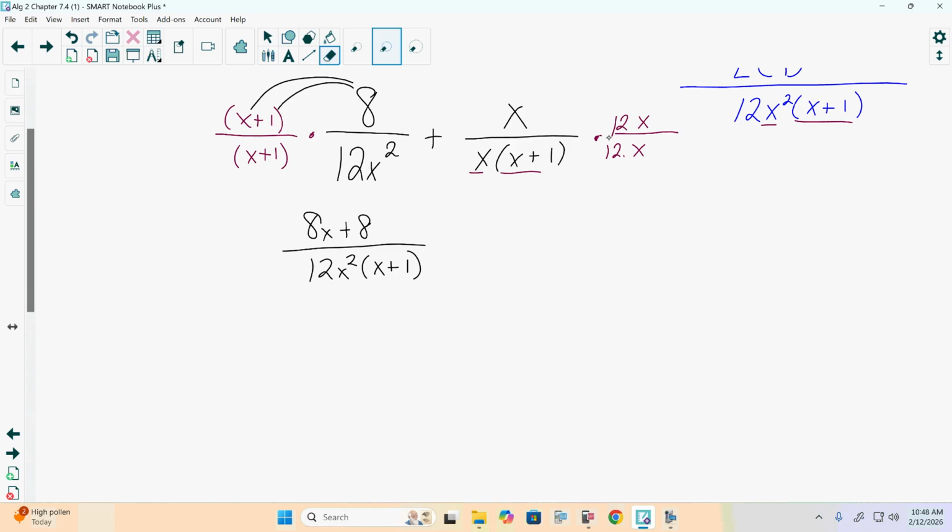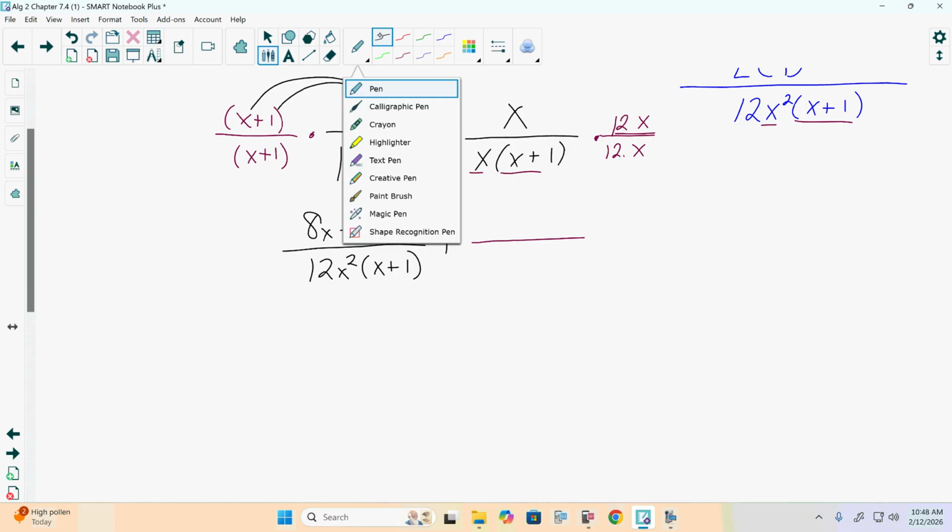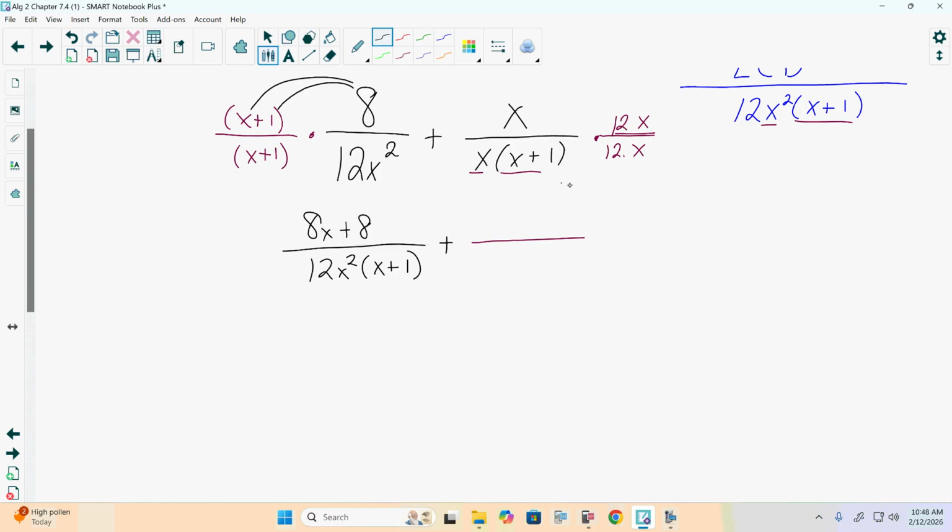Now on top, or bottom, either one. So, x times 12x, we'd still have the 12. x times x is x squared. Still have the x plus 1. On top, we have 12x times x. And 12x times x is going to be 12x squared.